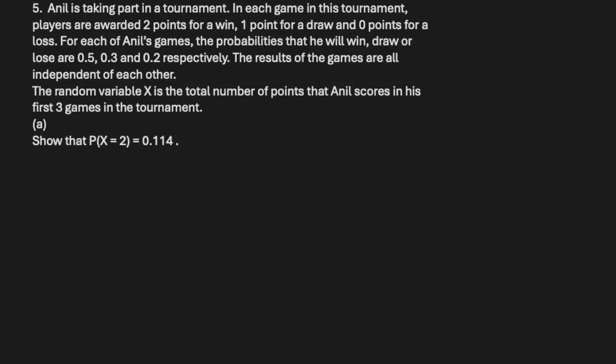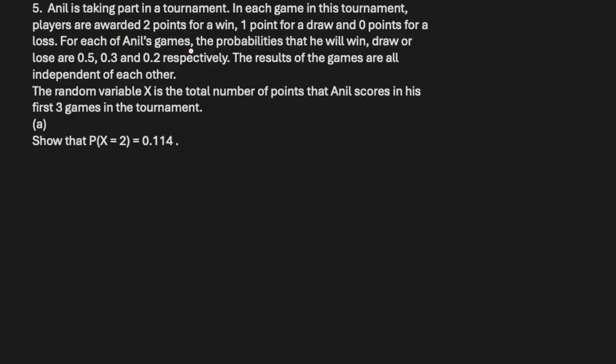Question 5. Anil is taking part in a tournament. In each game in this tournament, players are awarded 2 points for winning, 1 point for drawing, and 0 for a loss.